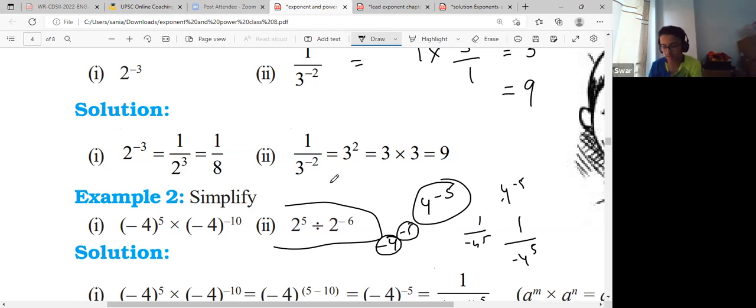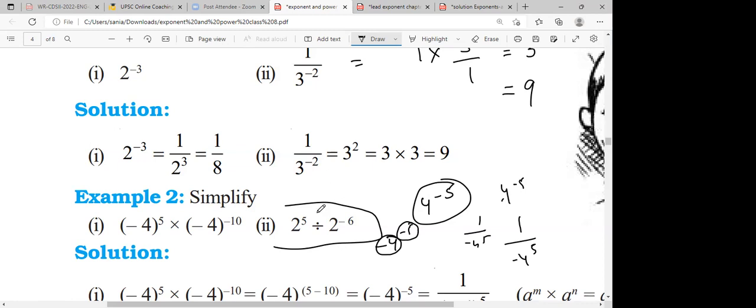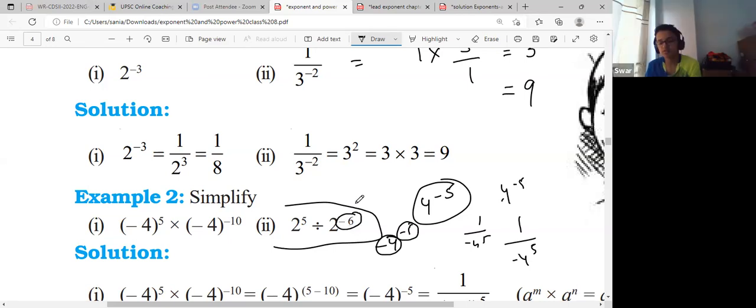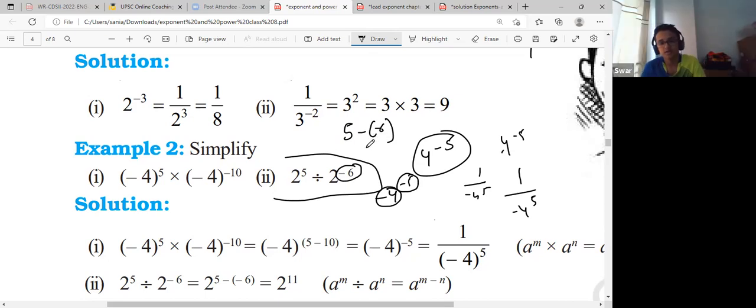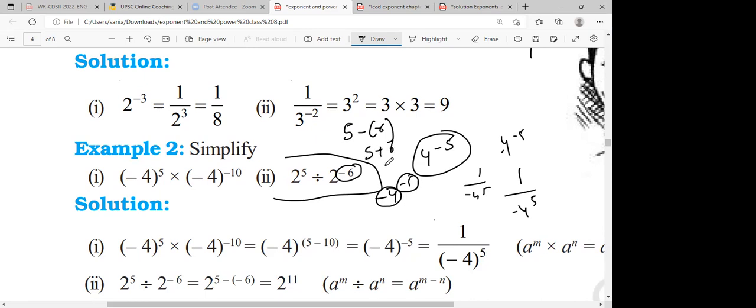No, it is 5 minus minus 6. Oh, okay. So it will be 5 plus 6, 11, because it's minus 6 now. In division you are going to subtract, so you are going to do 5 minus, in bracket, minus 6.